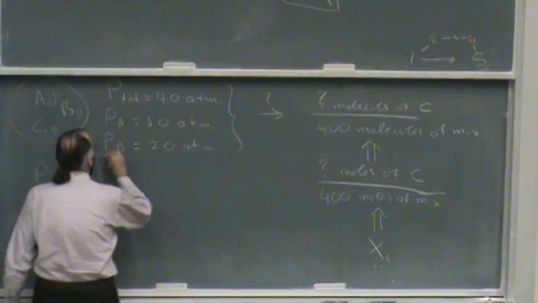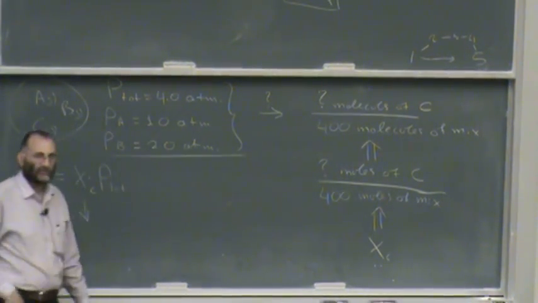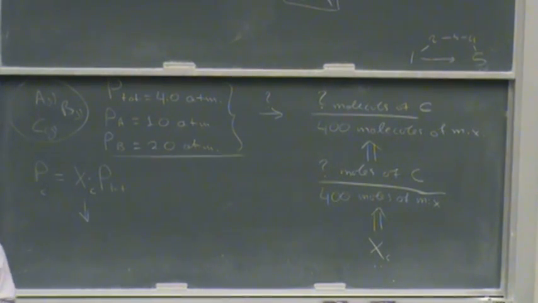The sum of the partial pressures is always P total, isn't it? So now we can start solving. You see, when you learn to solve problems, you don't have to solve many problems. You just solve a few, and that's it. Students make the mistake, they think by solving a lot of problems, they do well. That's not the education, the healthy education. That's sick, diseased education. Healthy education is to learn to think.